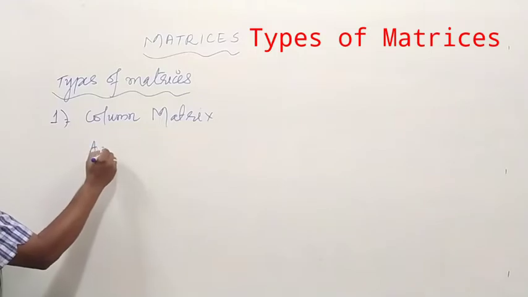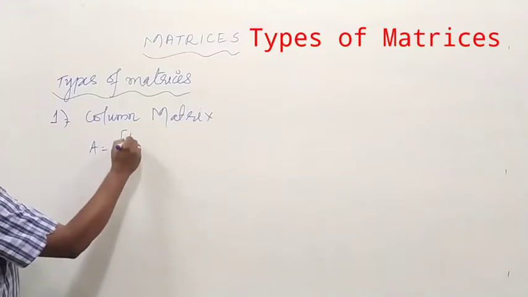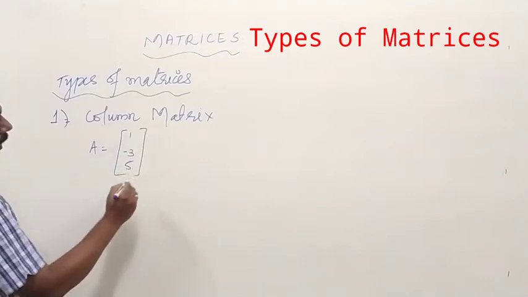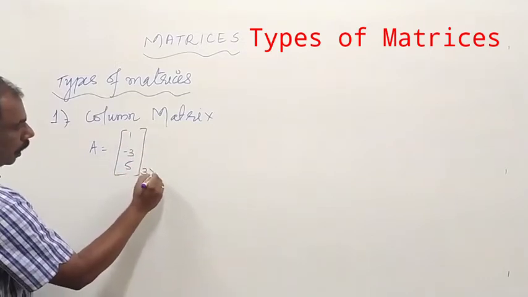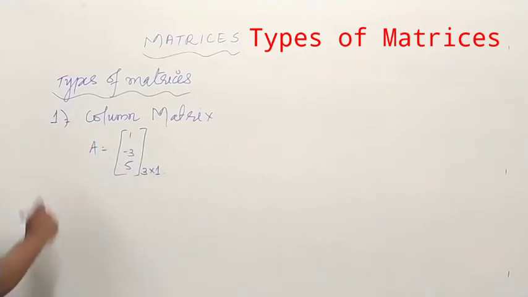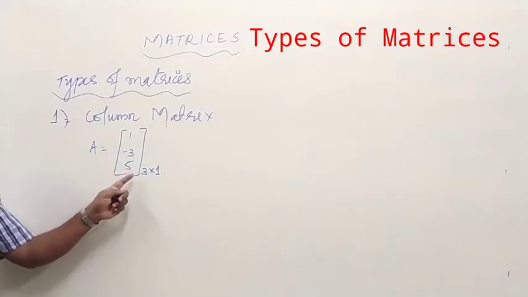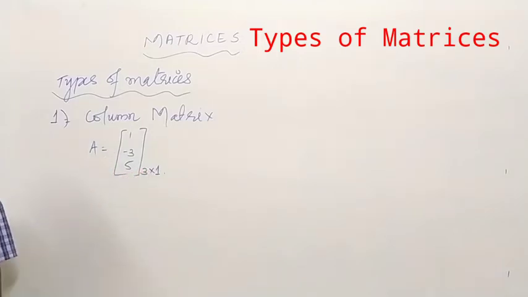We consider a matrix, say A is equal to 1, minus 3, 5, and this has 3 rows and 1 column. So, A is equal to 1, minus 3, 5 with 3 rows and 1 column.